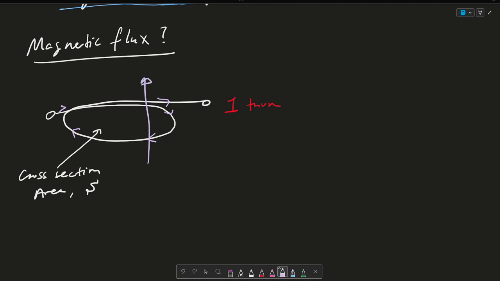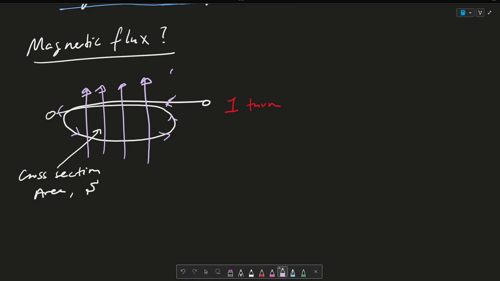So using the right-hand rule, or actually, let's consider my current going the other way so that the right-hand rule is consistent. So let's go in this direction. And this can also be done using a permanent magnet.